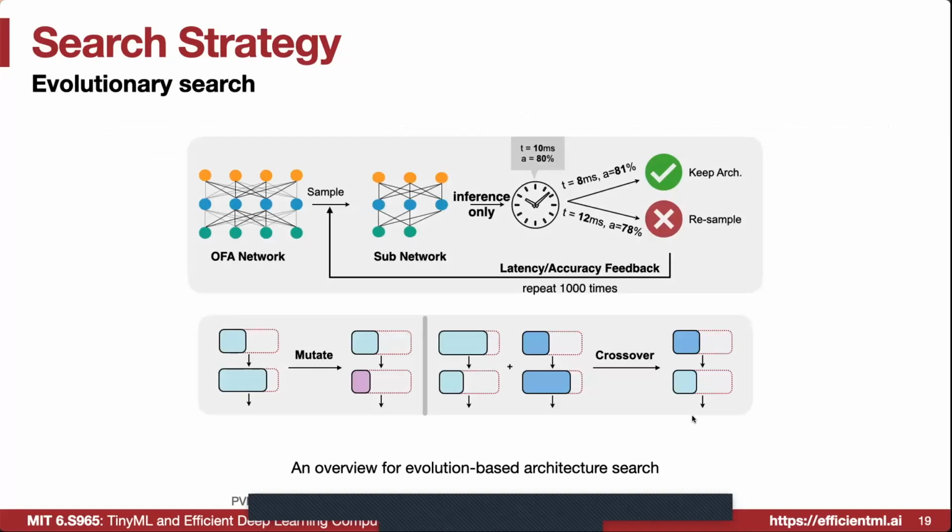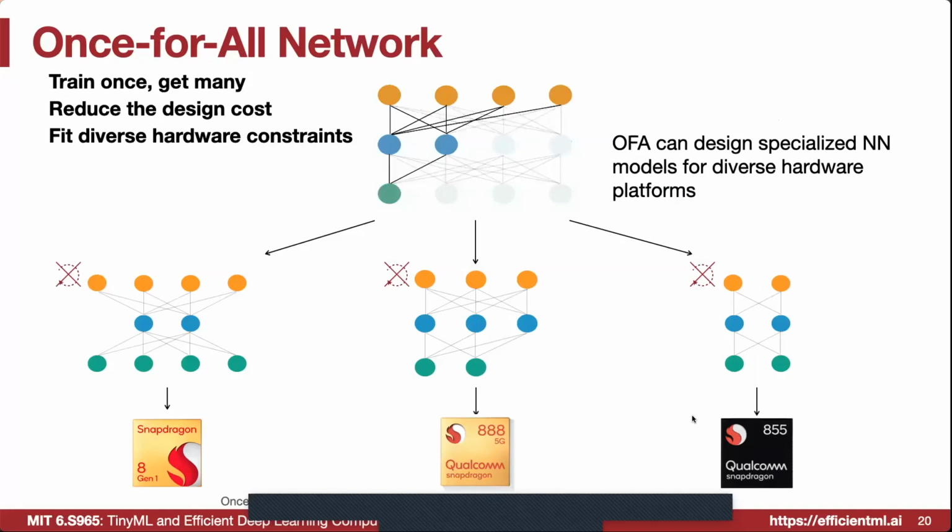Finally, we can run, for example, an evolutionary search, given a particular latency and accuracy budget, to find the best sub-neural network. In our homework, we work on this once-for-all network.